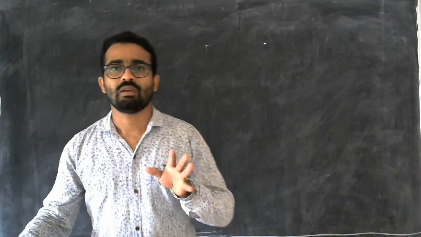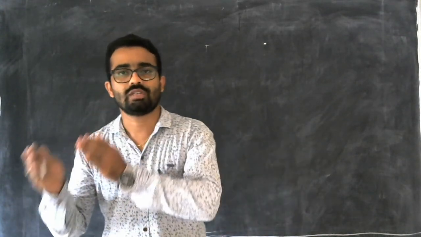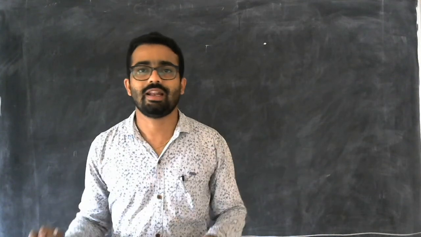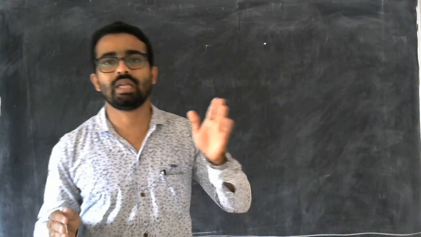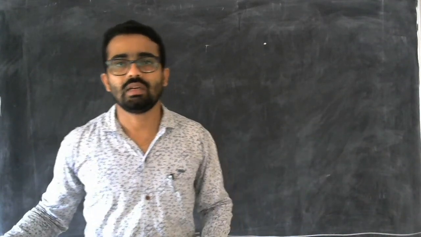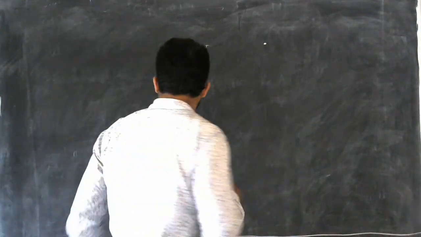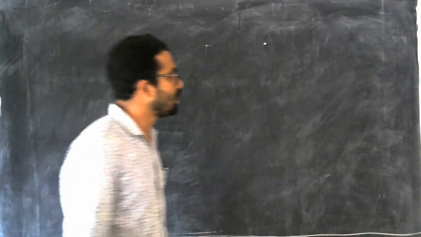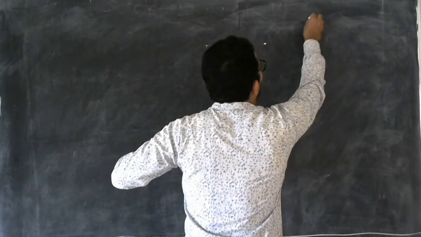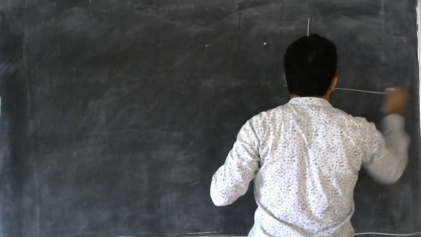That is why current and frequency are related to each other, and we can show the relation on a graph with two axes.